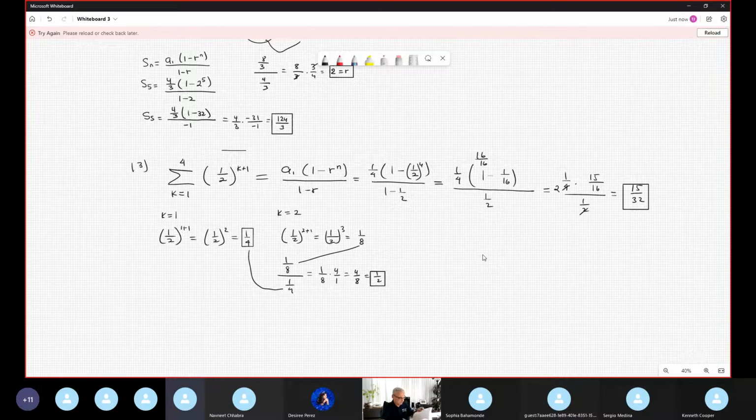14 and 15 are series. And remember, series is different from summation. Series has infinity elements. So we have to determine whether the infinite geometric series is converging or diverging.